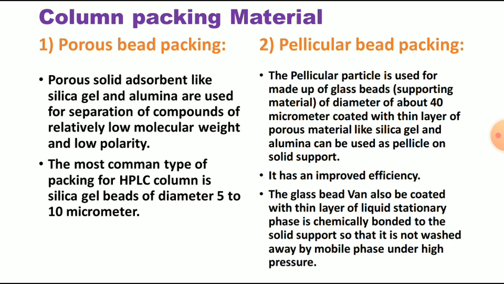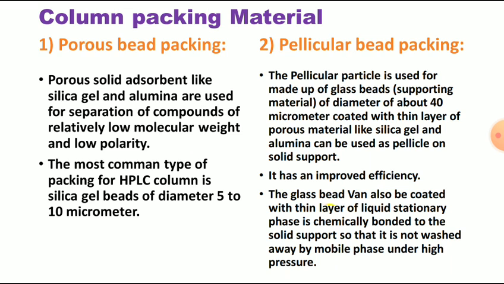That means the glass is combined with silica gel and alumina to form a pellicle on the solid support. It has improved efficiency, which increases the efficiency of the column.